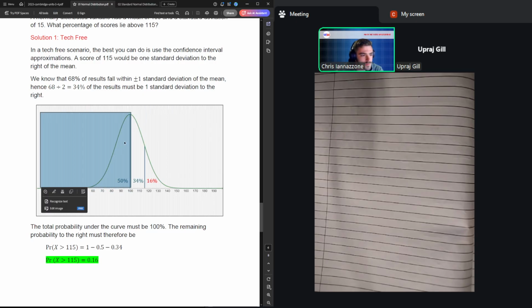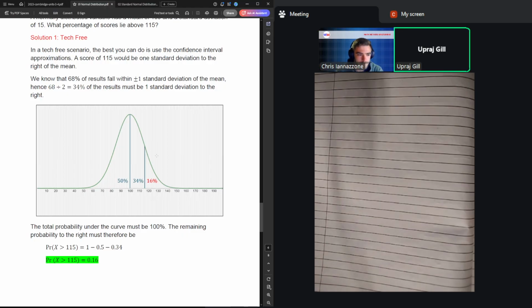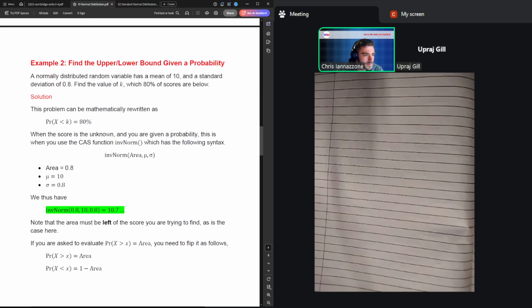I've got 50 all the way over here, I've got 34 all the way here. To make sure everything adds up to 1, well, that means 16% is going to be what's left over. Cool? Okay. So that's how you solve it tech-free.